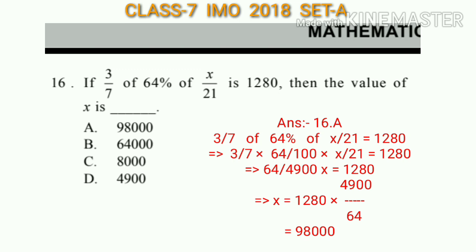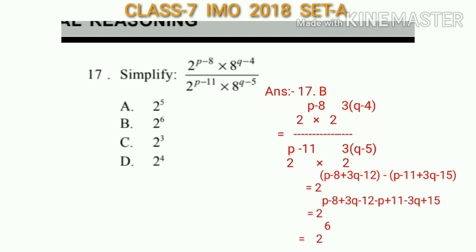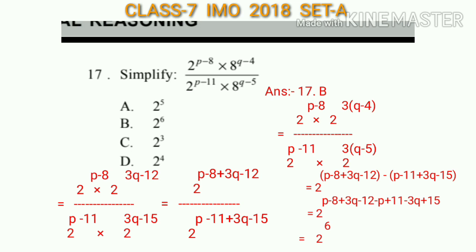Now question number 17. Simplify 2 to the power p minus 8 multiplied by 8 to the power q minus 4, whole divided by 2 to the power p minus 11 multiplied by 8 to the power q minus 5. Take 2 to the power p minus 8 multiplied by 8 to the power q minus 4.